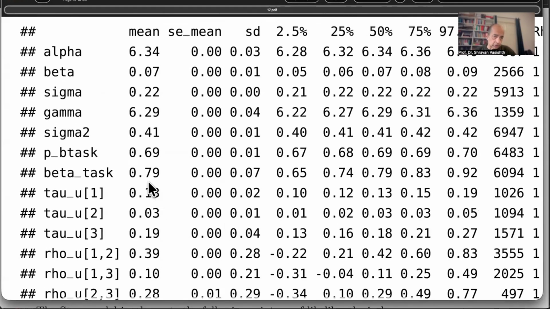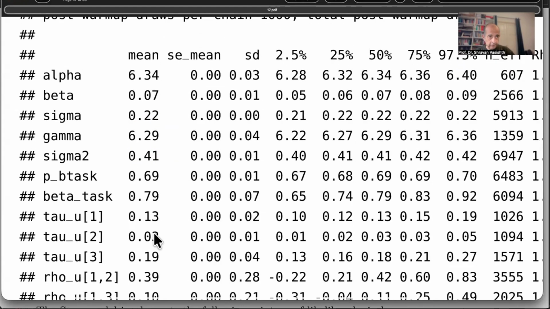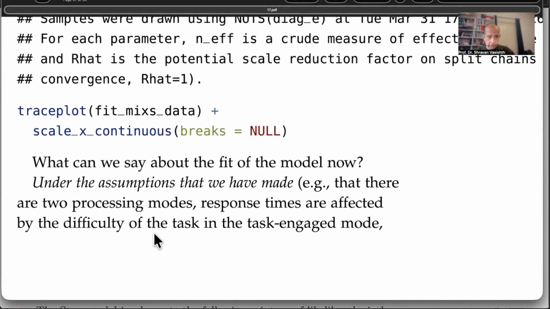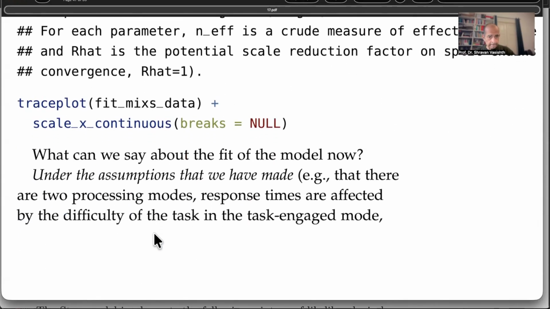Some interesting things to look at are that the sigma for the task engaged case is much smaller, half the size of the sigma in the guessing case. Right? That's what we're getting from the data. And the trace plots look good, right?